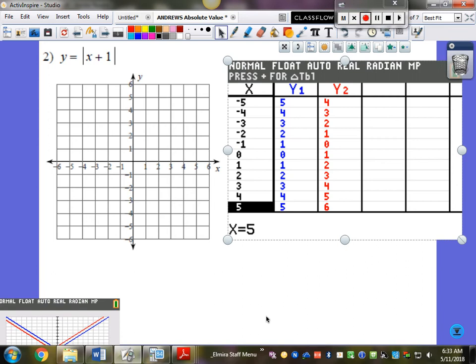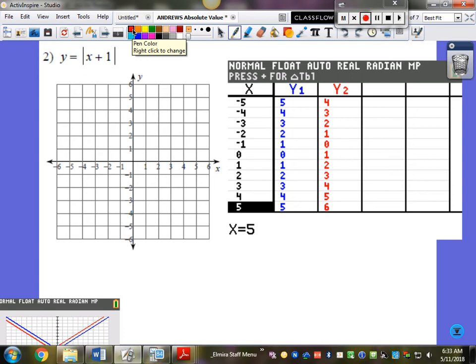Okay, so graphing. Remember, I'm just graphing those y values against the x's.